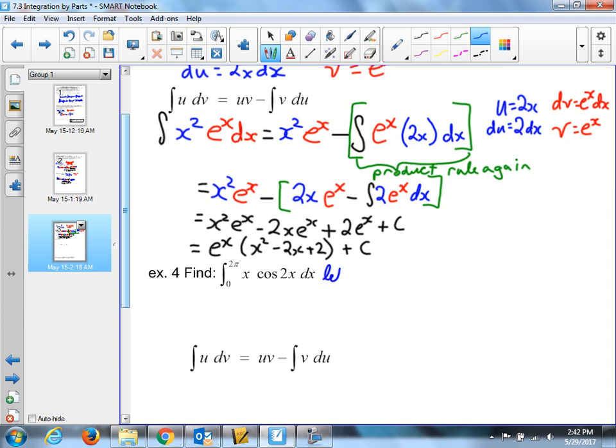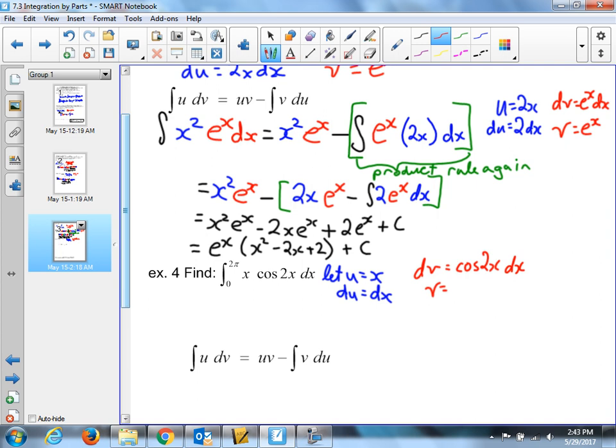So we'll let u equal x, and du equals dx. dv equals the cosine of 2x dx. That would mean v is equal to.